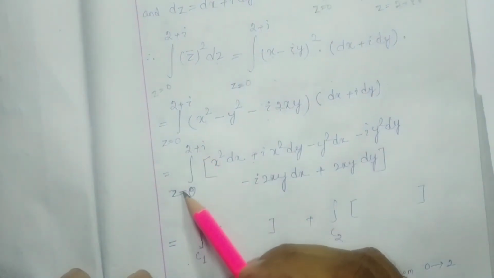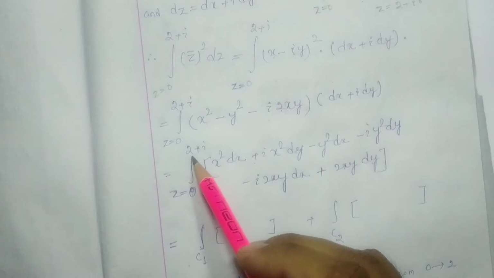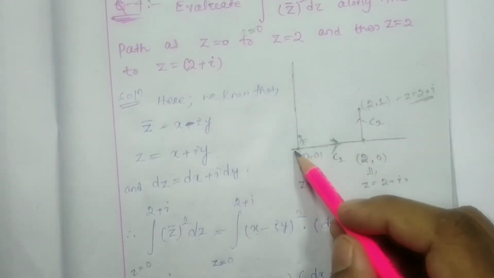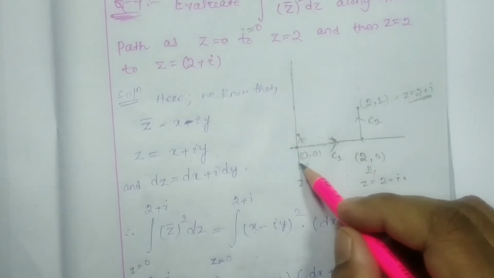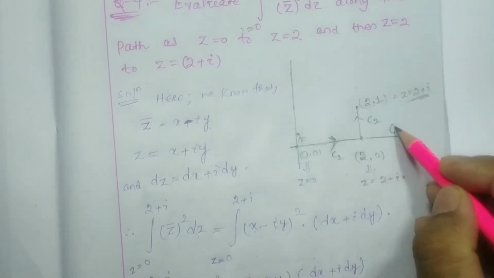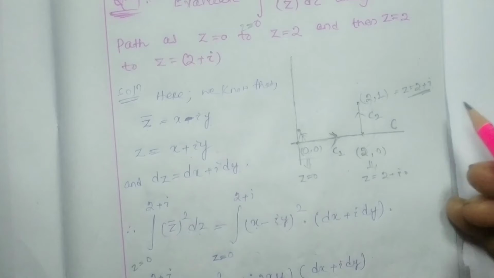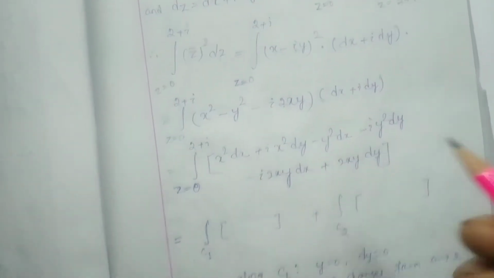This is the full contour from z equal to 0 to z equal to 2 plus i, which is C. And this C can be segregated into the two contours C1 and C2.